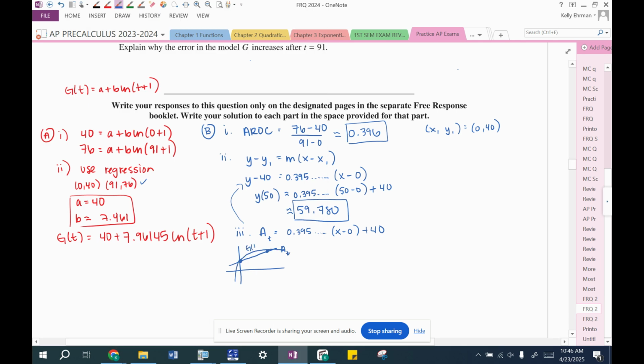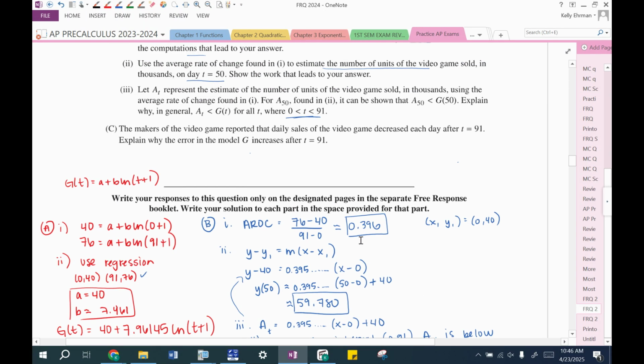So that's g of t. So you could sketch it like that, but you don't have to. You could also just say on the interval 0 to 91, a of t is below g of t. So the approximations are always going to be lower.